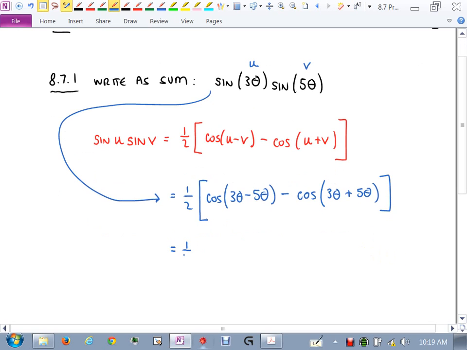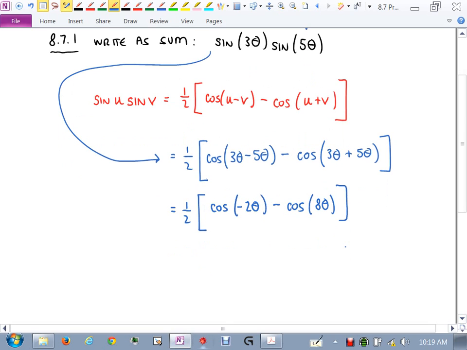This is 1/2. 3 theta minus 5 theta is negative 2 theta, minus cosine of what? 8 theta. I'm going to do one more thing here. See if you can follow this.